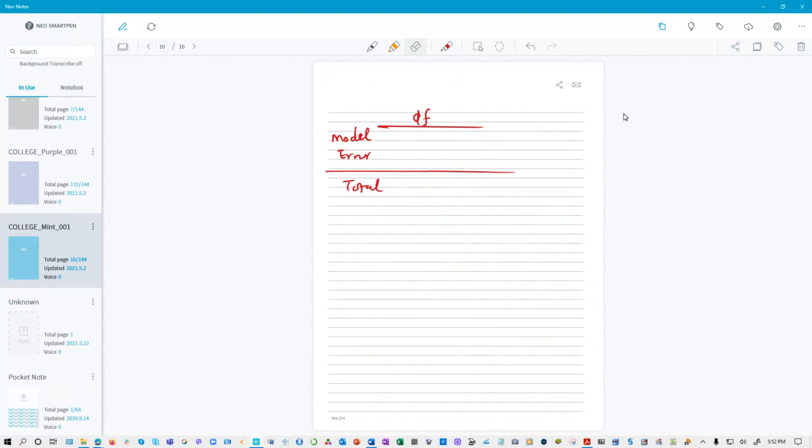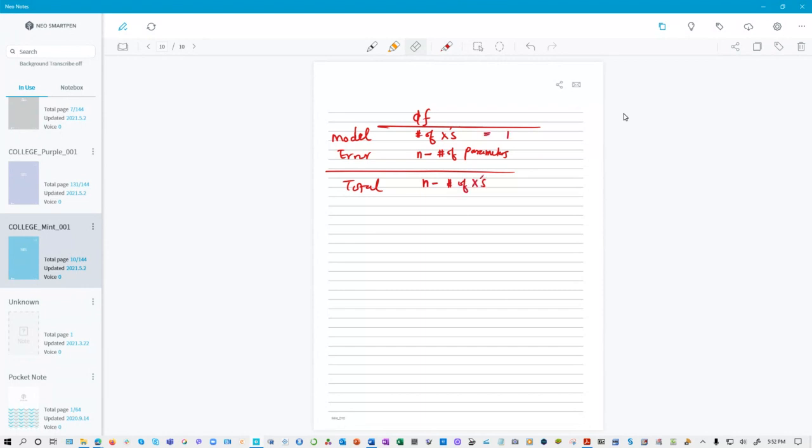This is nothing but the number of x. This is nothing but n minus number of parameters. This is nothing but n minus number of x.